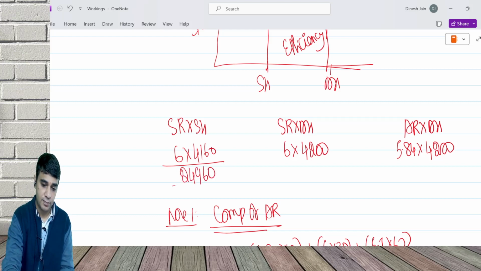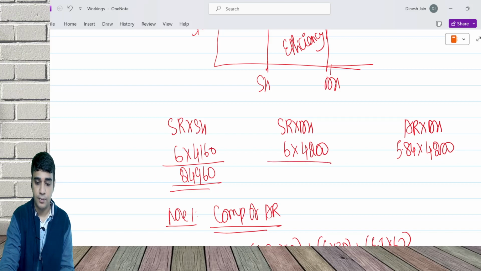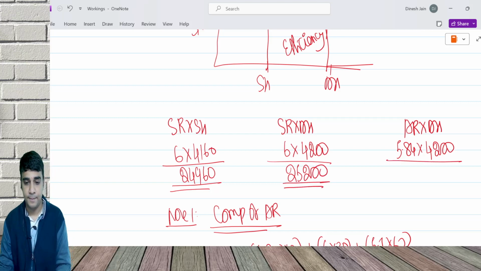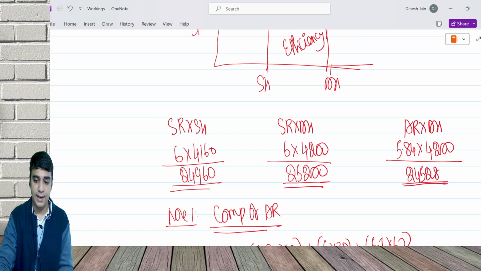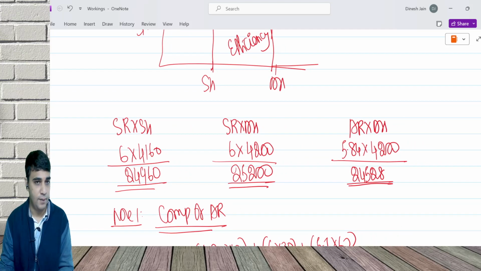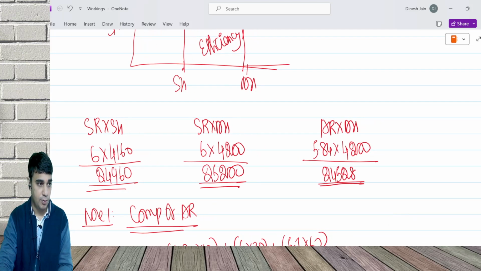Second one, 25200. Third one, 24528. I'm technically done with the question, so I'll take you through the variance calculation. But we are kind of done with the problem because we have got the information needed. Any doubts on this? Can we proceed?